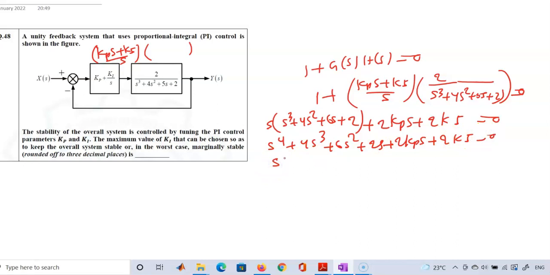Arranging this: s4 plus 4s cube plus 5s square plus 2 into (Kp plus 1) into s plus 2 Ki equal to 0, right?